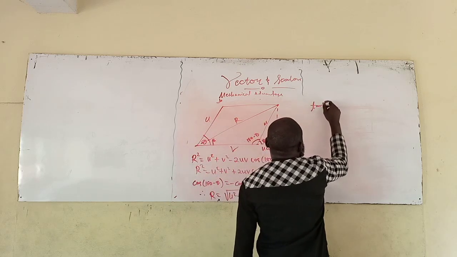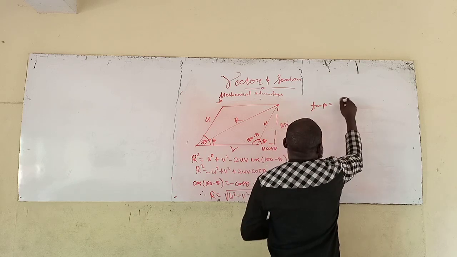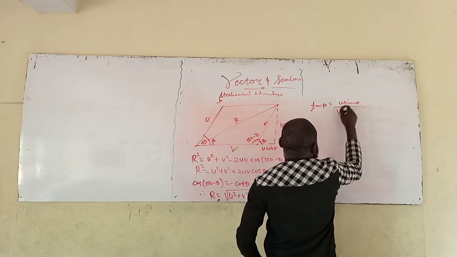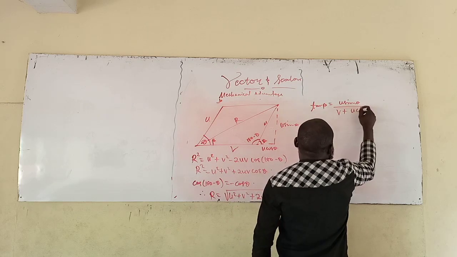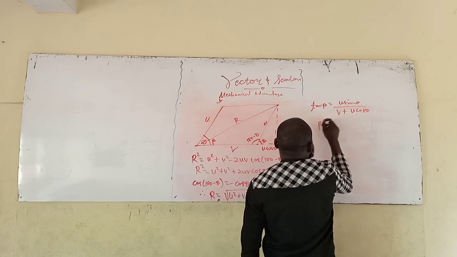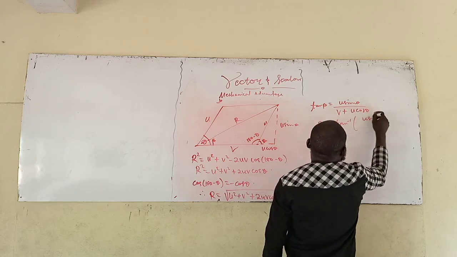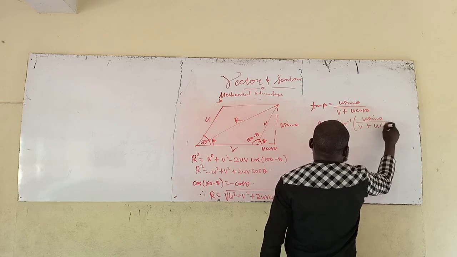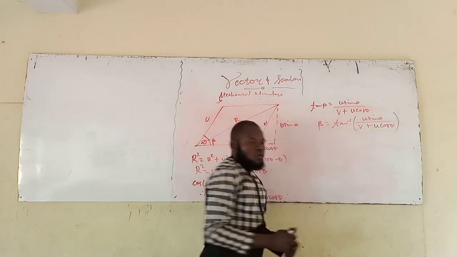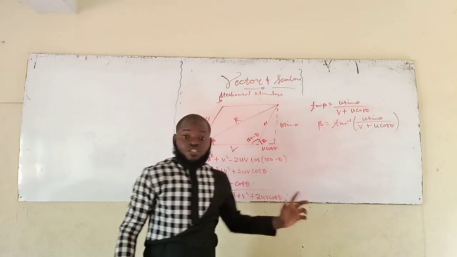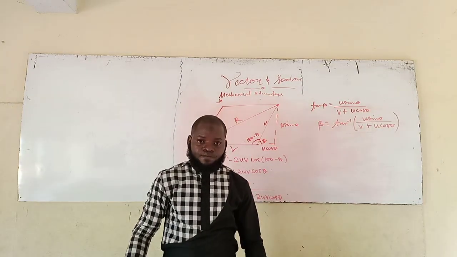Therefore, the tangent of beta will be opposite, which is u sine of theta, all over adjacent, and that is v plus u cos of theta. So beta equals the arctan of u sine theta all over v plus u cos of theta. Whatever result you have there is the direction of the resultant of the two vectors.